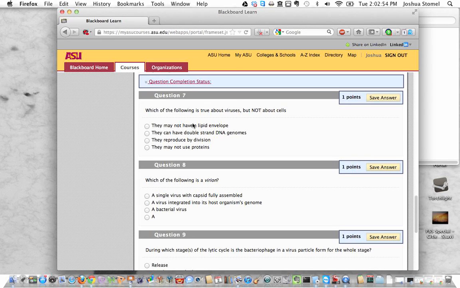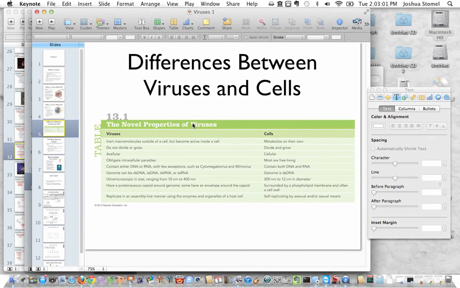How about they may not have a lipid envelope? Do viruses have to have a lipid envelope? No. Some of them do have a lipid envelope, and those are called enveloped viruses, but they don't all have a lipid envelope. So it says some have an envelope around the capsid, but not all.